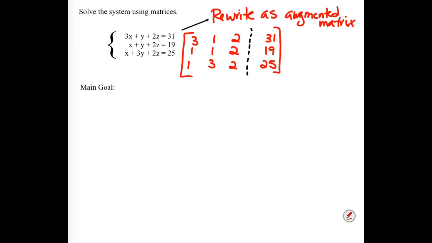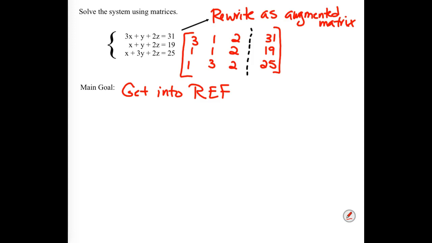My main goal is to get it into row echelon form. All right, so I'm looking at the first column.